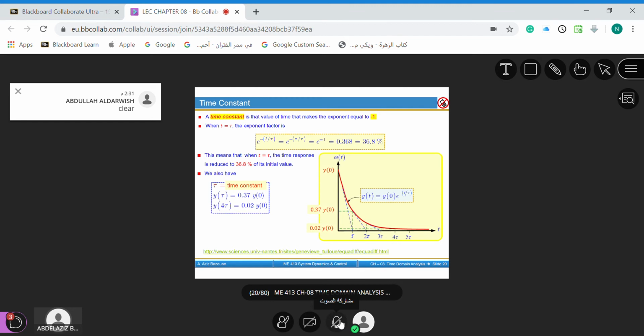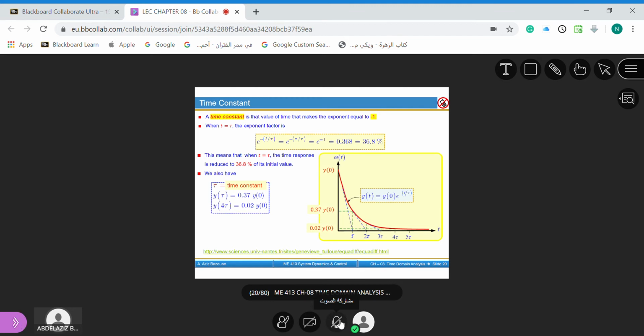So the time constant, Shabab, how do we find the time constant for the system? I explained this, if you remember. When you get this equation, the time constant is the value of time that makes the exponent equal to minus 1.